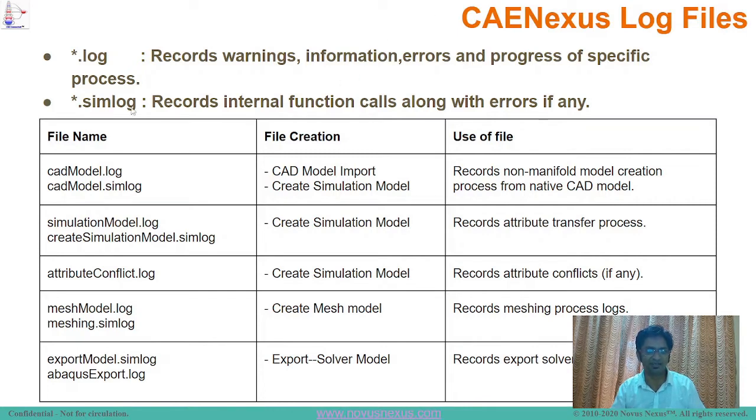For example, the CAD model log or simlog file records your non-manifold model creation process. Similarly, the simulation model log or simlog file records the attribute transfer process. Likewise, some other logs and simlog files get generated and record some processes.